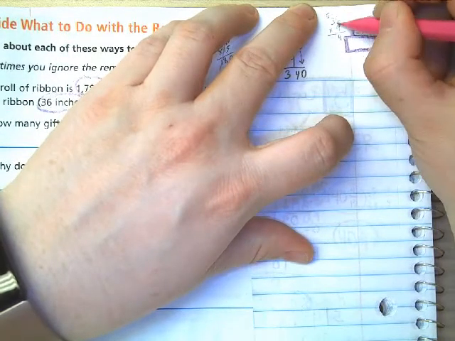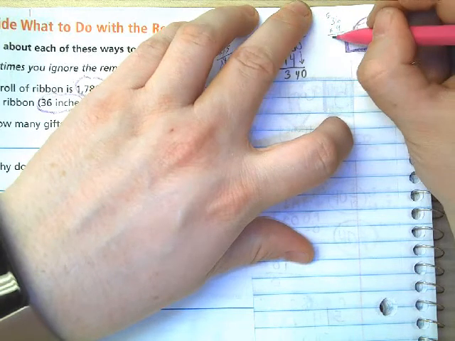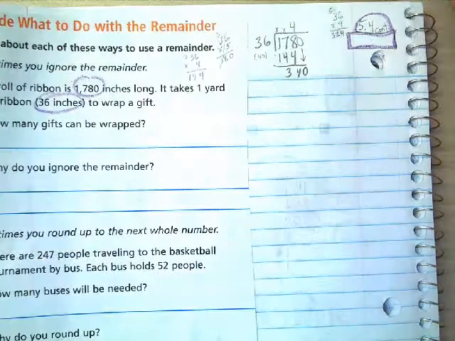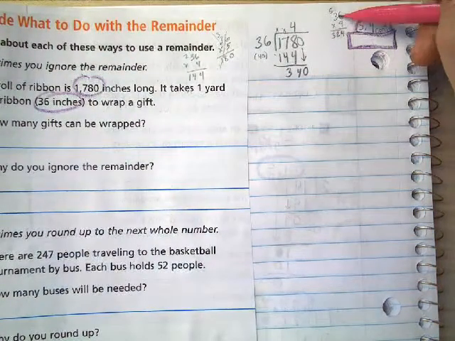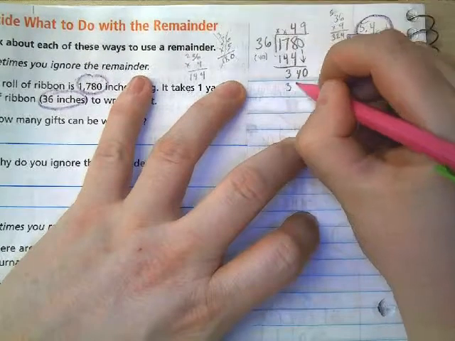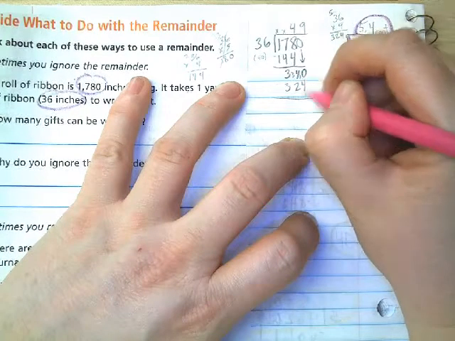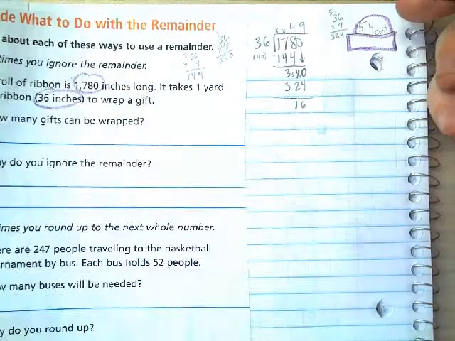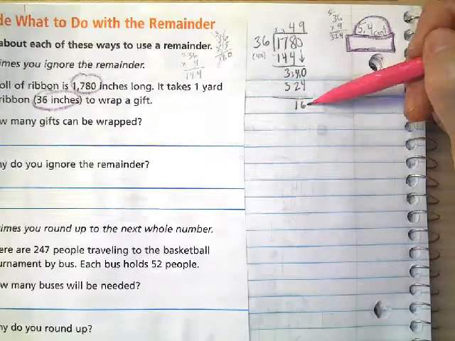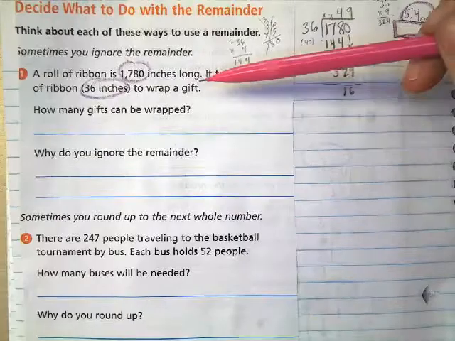Is that right? 6 times 9 is 54. What am I doing? Wow, I was going too fast. 6 times 9 is 54. That's 27 plus 5, 32. Is that right? 54. Yep. So it worked. So 9 times 36 is 324.